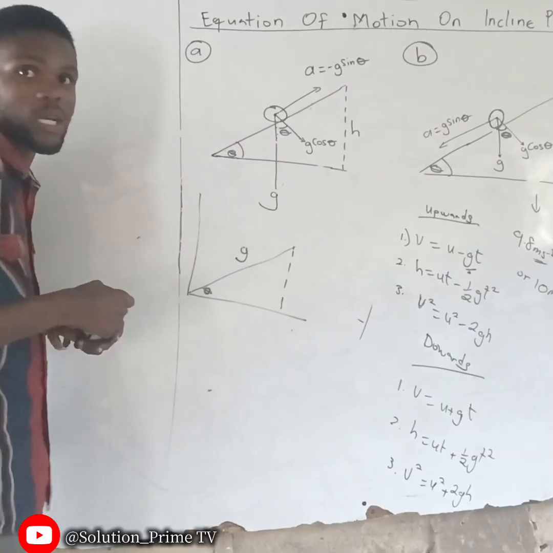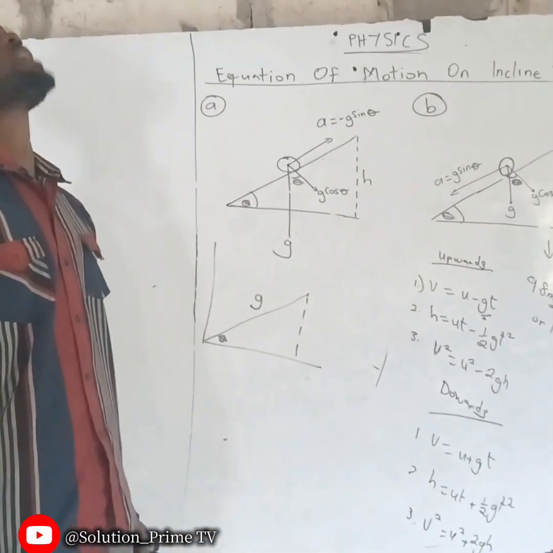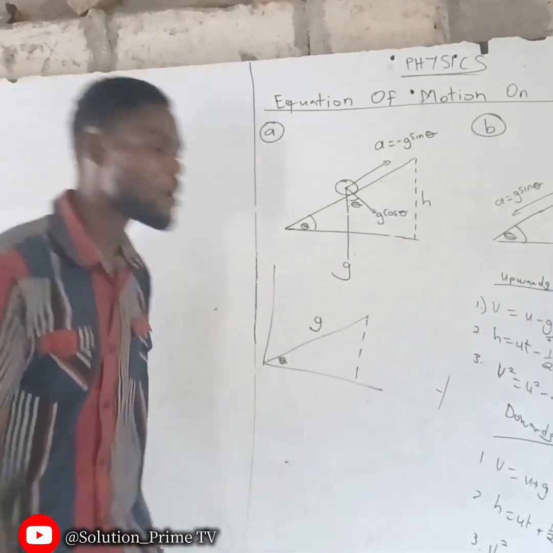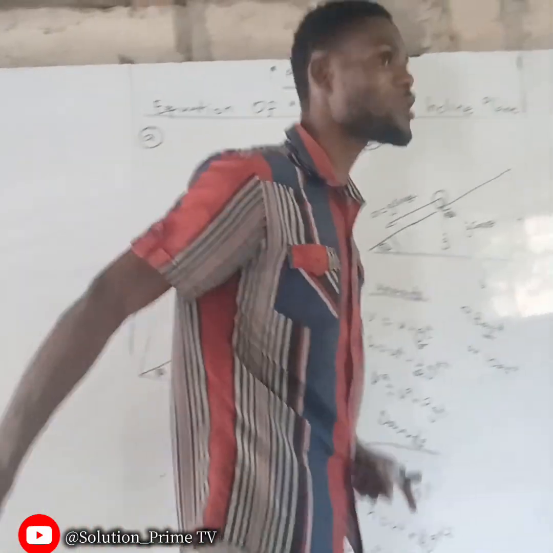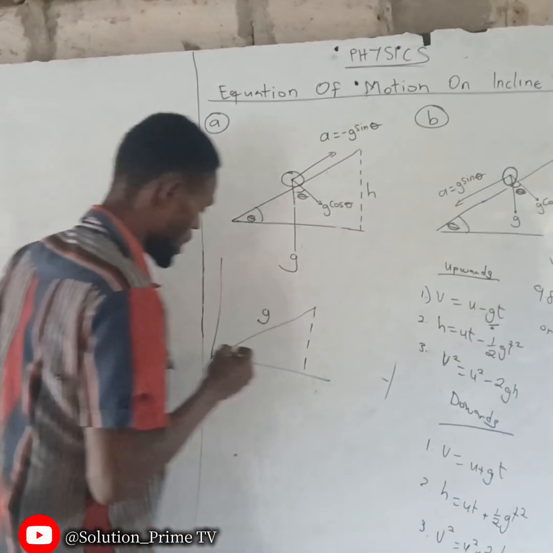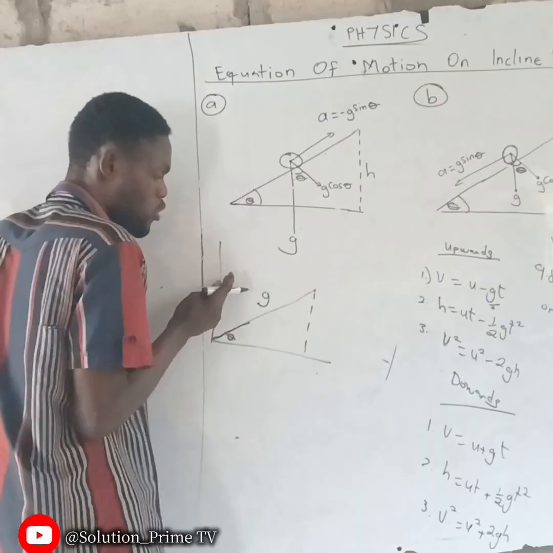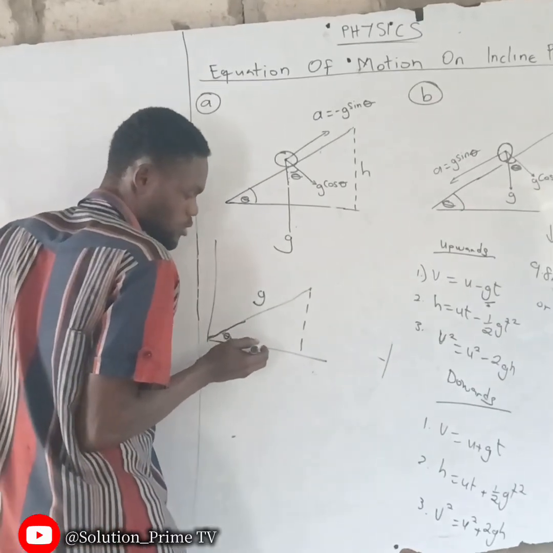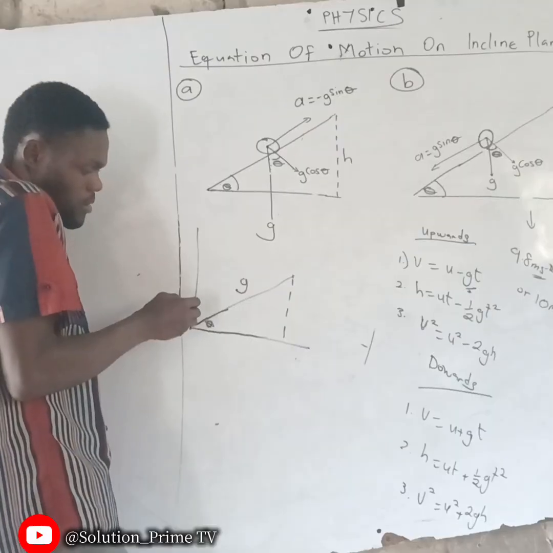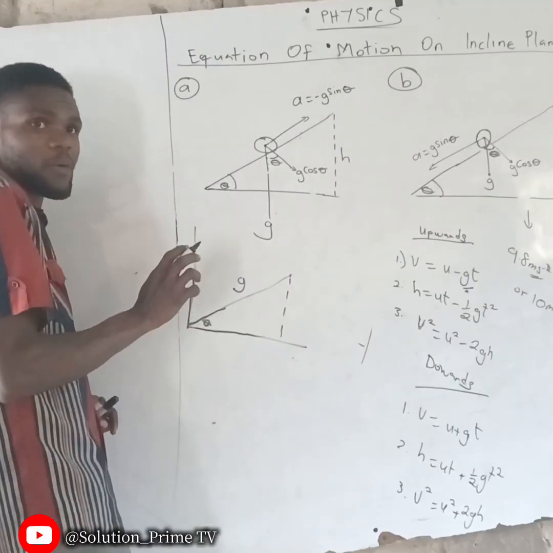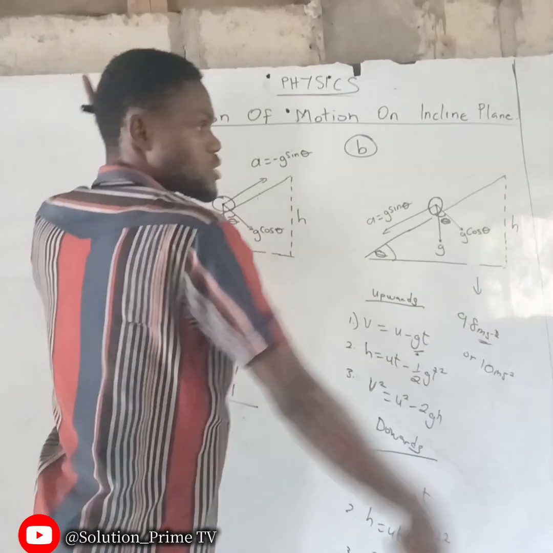Do you get it? If I'm moving like this, I'm moving in the horizontal direction. But if I'm moving like this, at the same time I'm going up, but still I'm covering a distance horizontally. The same thing here, I'm covering a distance here.